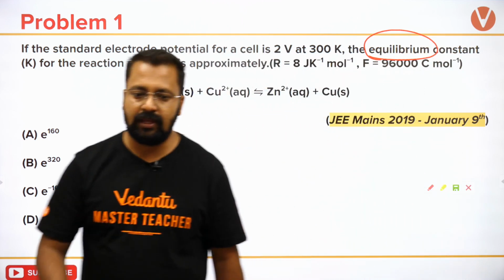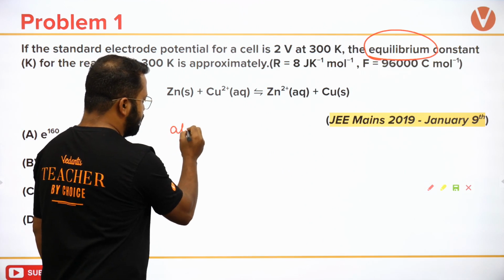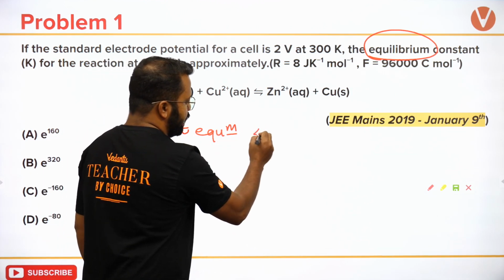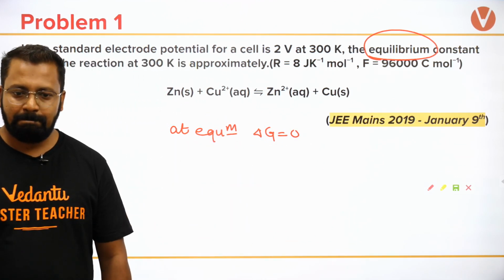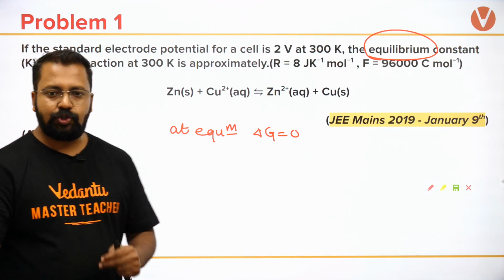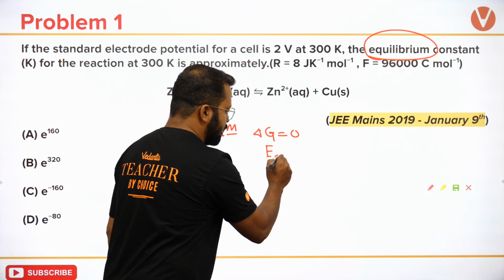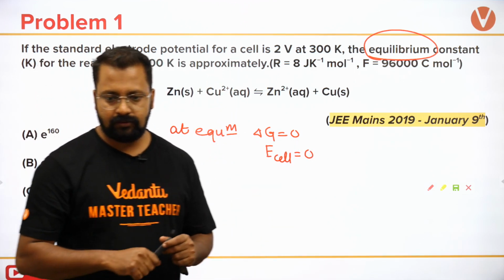What happens during equilibrium? At equilibrium, delta G is equal to 0. That makes E of cell equal to 0.